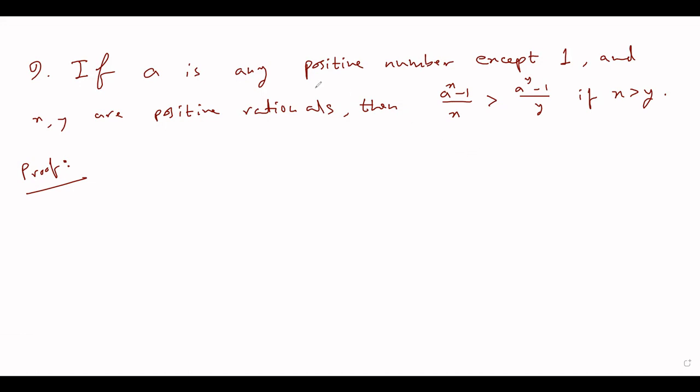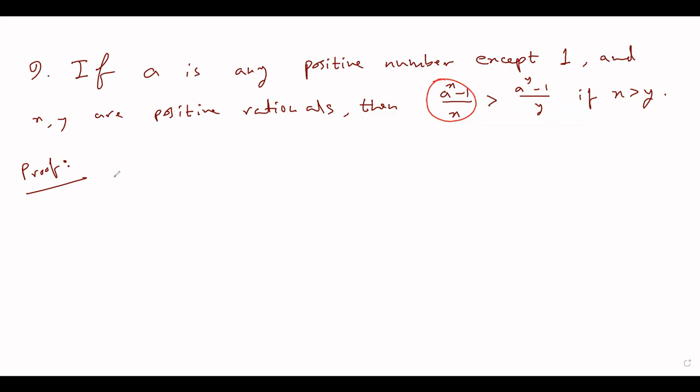Now, can you see that the claim is actually that the function f of x equals a to the power x minus 1 by x is increasing, because for a greater value of x, f of x is greater. This is what the statement is claiming. So this is a pretty straightforward claim. We need to prove that this function is increasing.